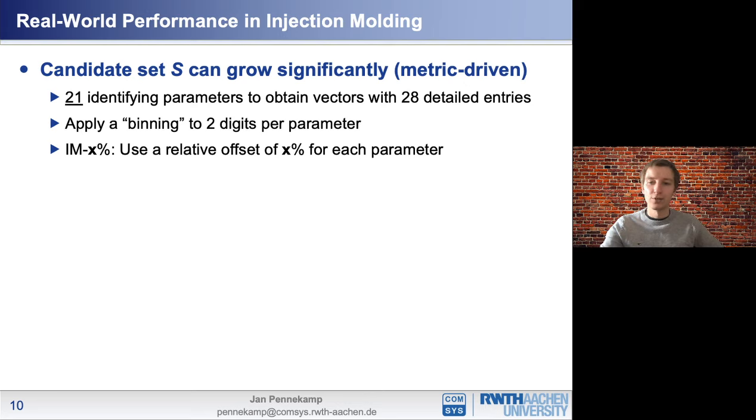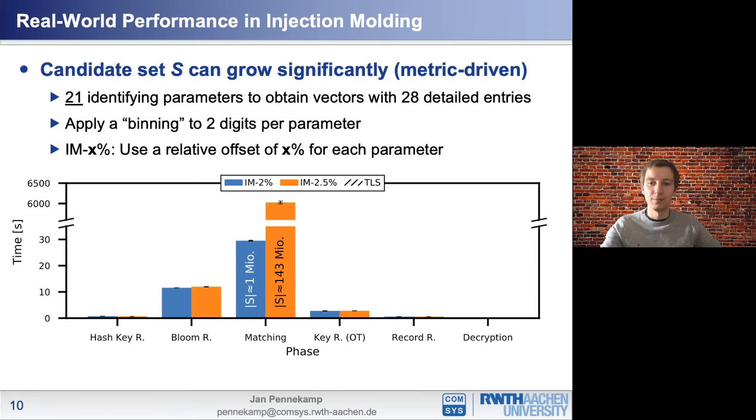Here we use 21 identifying parameters that then return records with 28 detailed entries. So the 7 parameters that are retrieved from the exchange platform would here be 6 essential machine setting parameters and another parameter or quality indicator. The exact distribution of those aspects depends on the use case.